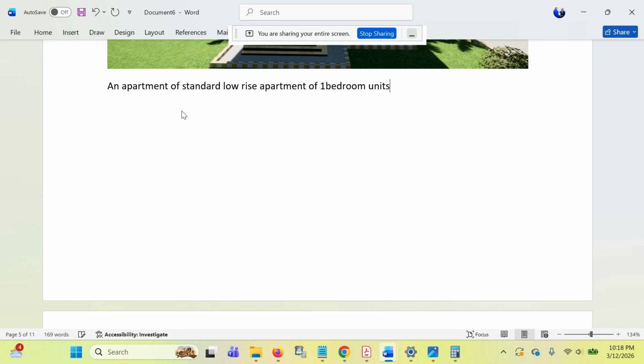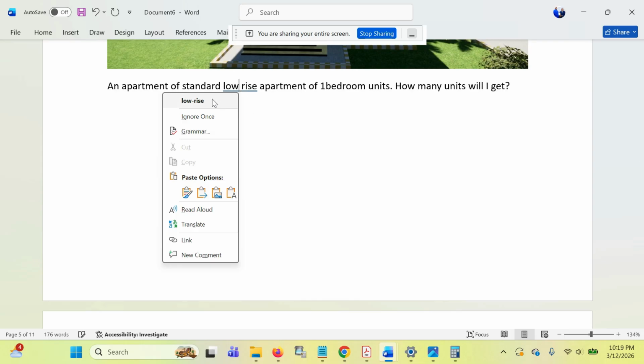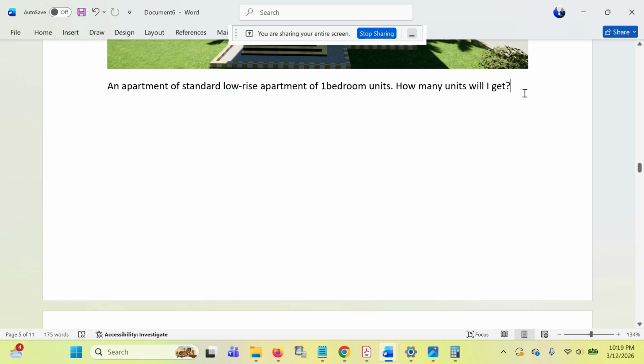I want to do an apartment of standard low rise apartments of 1 bedroom units. How many units will I get?